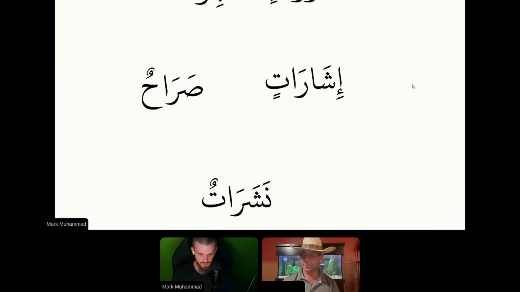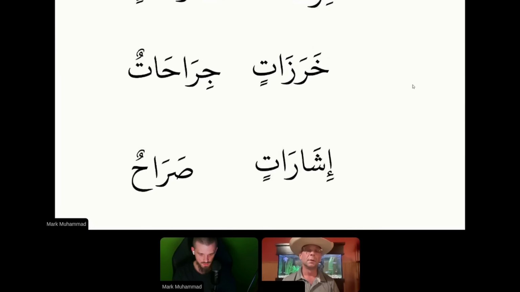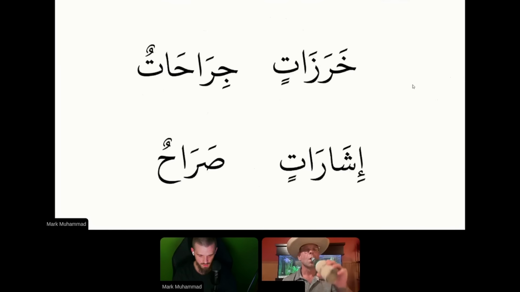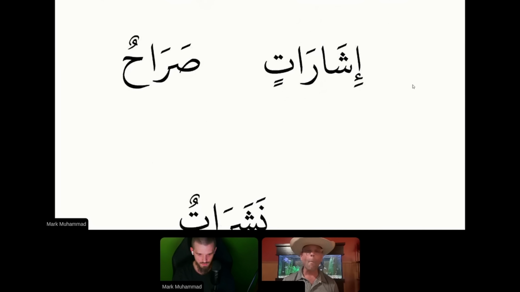Jirahatun. And this one looks the same as this one here. It's just the letters are switched, but the pattern, the scale, is the same. Anyway, let's do this one then.